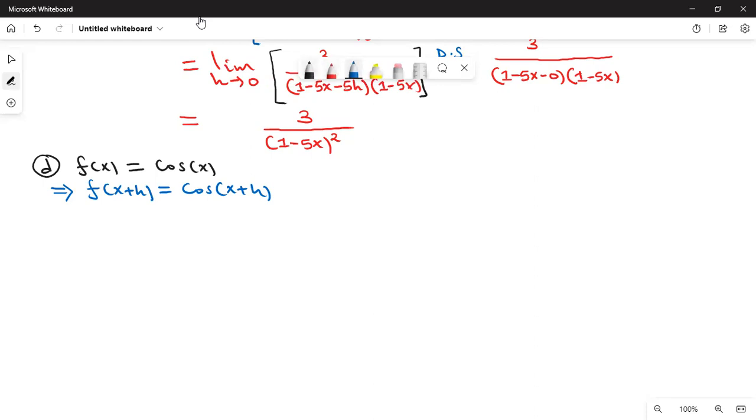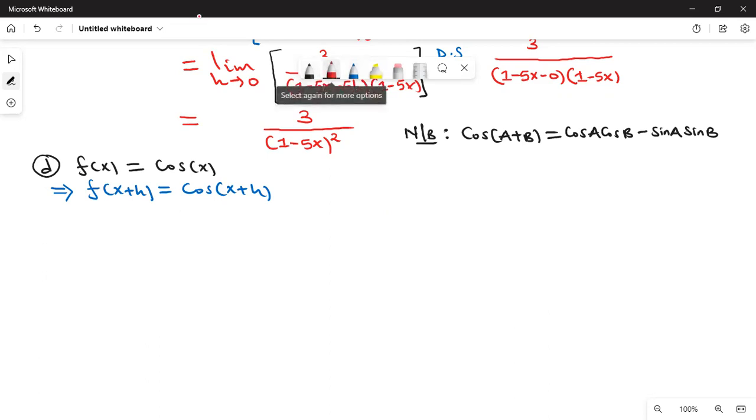Recall, take note that when we talk of cosine of A plus B, this should be equal to cosine of A times cosine of B minus sine of A times sine of B. This is the addition formula for cosine. So in this case, our A is x and our B is h.